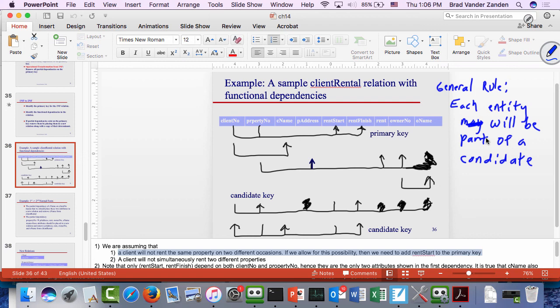Okay, so here, client number was part of one, property number was part of one, and then the two together were part of one.